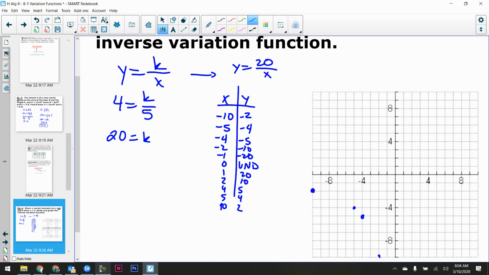Then we have 1, comma 20, 2, comma 10, 5, comma 4, 4, comma 5, 5, comma 4, 10, comma 2. So here's what we have.